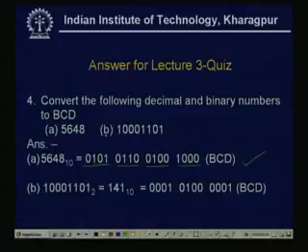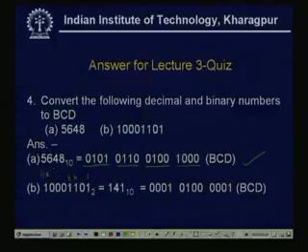Now, part B is a binary number, which is already given. This is 100001101 in binary. What is the decimal equivalent of this? The place values are 1, 4, 8, 16, 0 into 16, 0 into 32, 0 into 64, and 1 into 128.